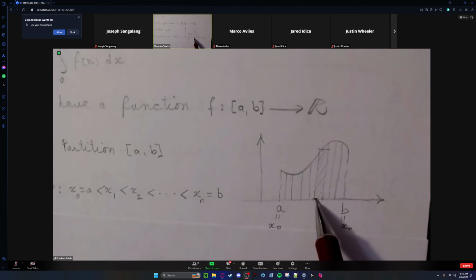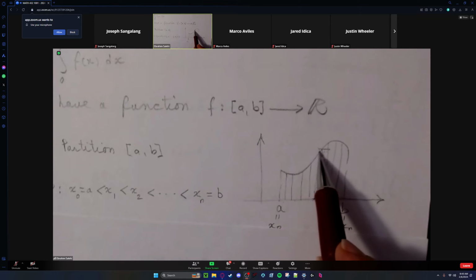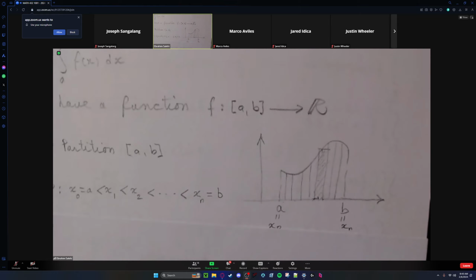So a typical slice like this, you choose a point here and multiply the length of this interval by the value of function at this point, and you will get area of this rectangle, right? In this case, you get area of that rectangle.